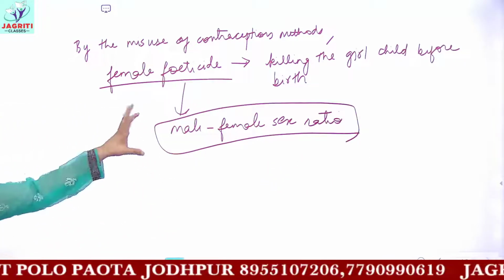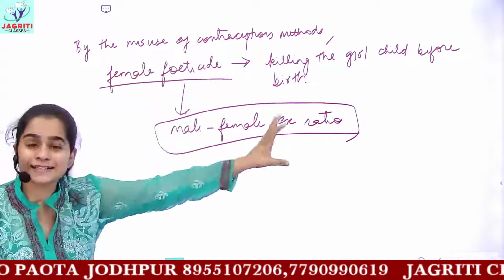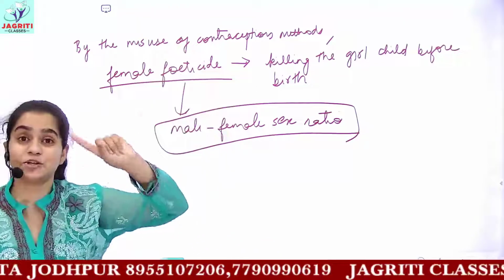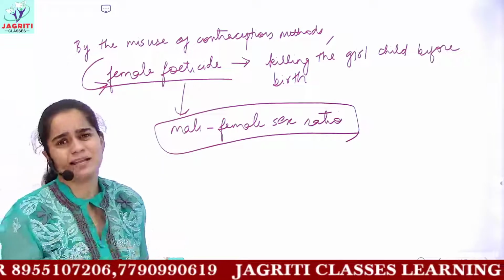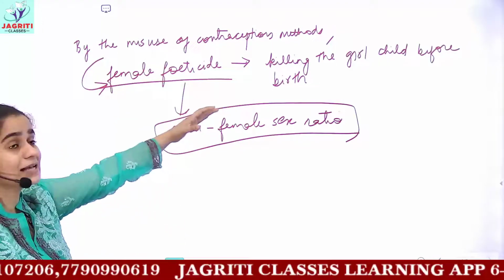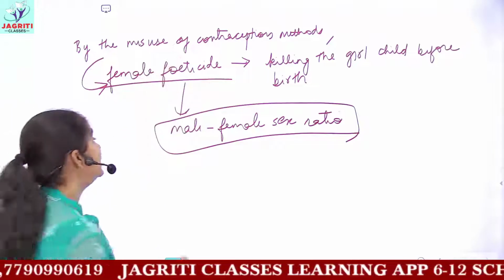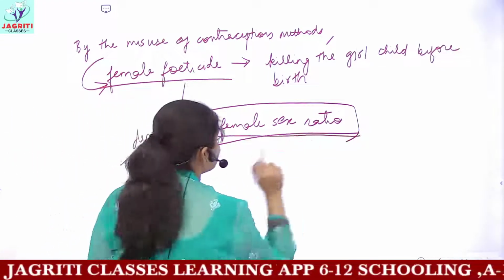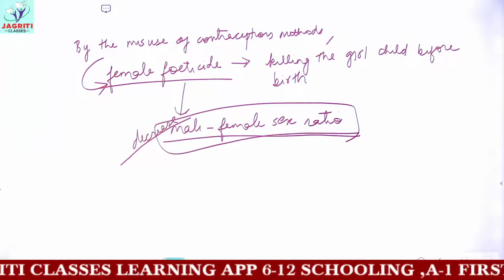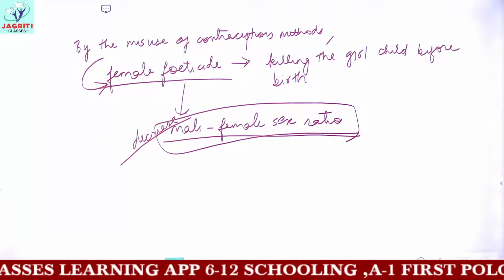So we do not have to misuse these contraception methods, because they create many disturbances in society like female feticide, and this has led to a decrease in the male-female sex ratio. This is again a very important problem faced by society.